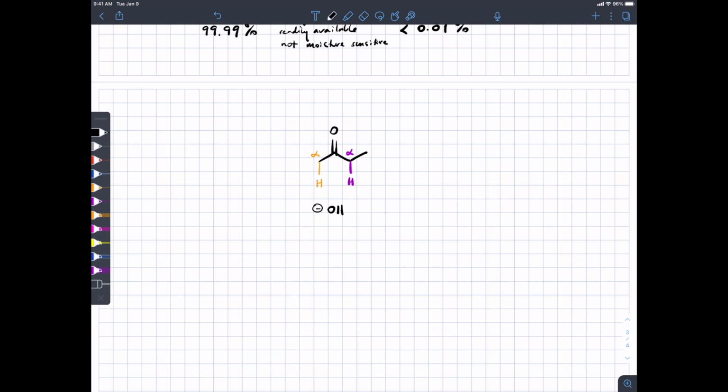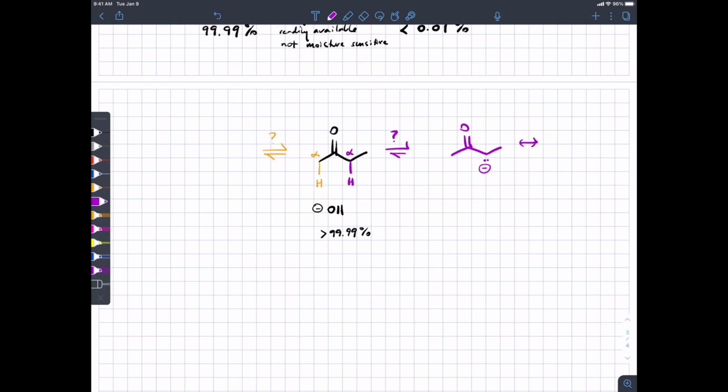Again, you're going to expect more than 99.99% starting materials. But let's consider the equilibria. Let's consider whether at equilibrium one enolate is going to be favored over another. So let's draw both enolates. In purple, I'm going to draw the enolate you get when you remove the purple alpha proton.